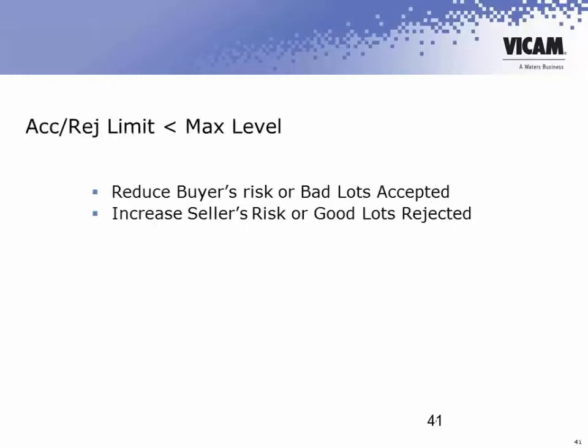If the statutory level is 20 ppb, the buyer could specify that product has to be less than 15 ppb. That reduces the buyer's risk of accepting a bad lot, but it increases the seller's risk of having a good lot rejected due to a false positive.